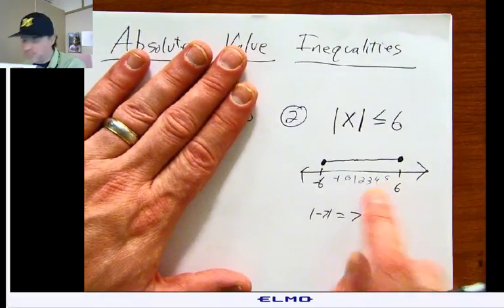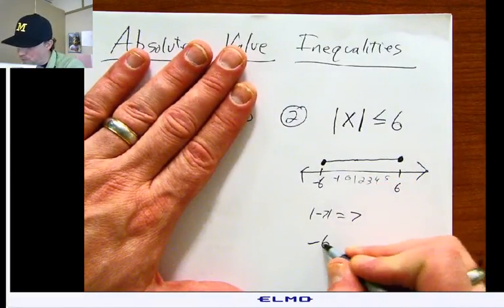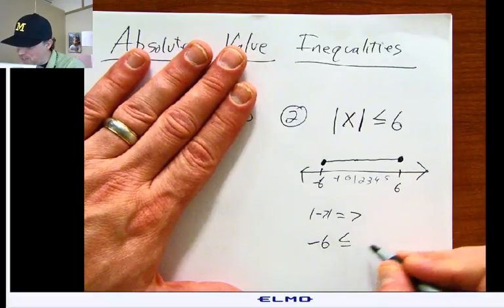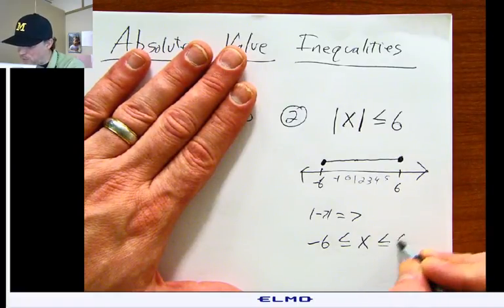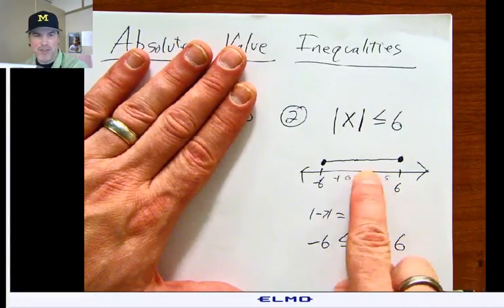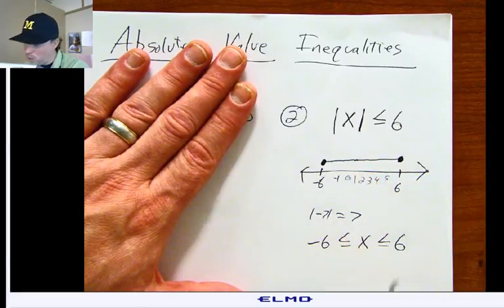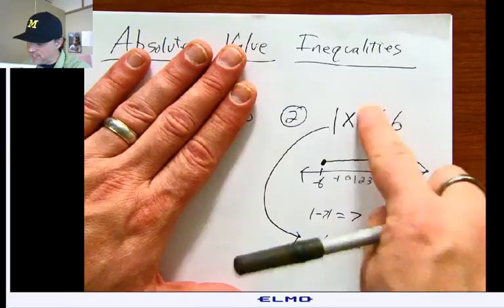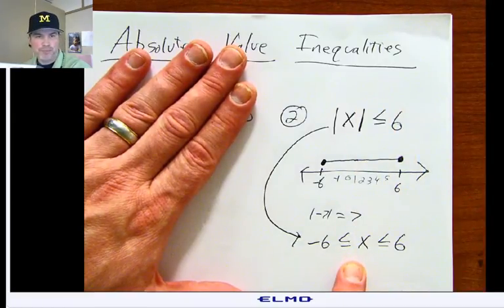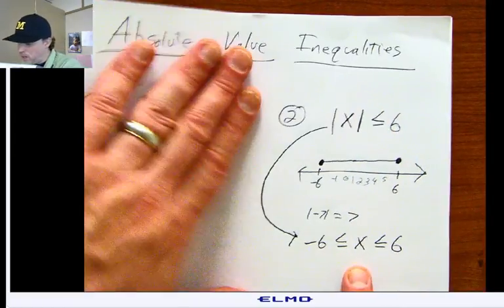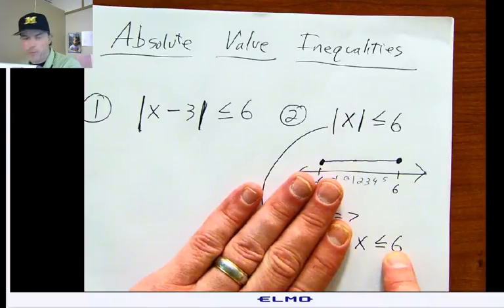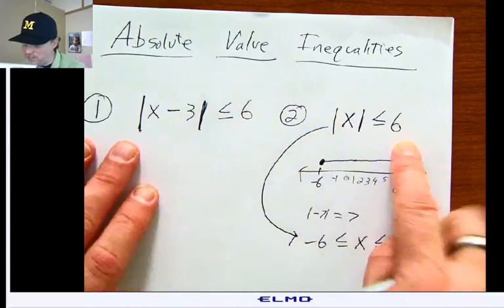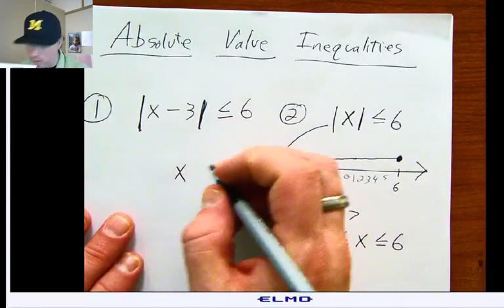When the graph looks like that, algebraically, that means negative 6 less than or equal to x less than or equal to 6. That's exactly what that statement means. So this is what you algebraically do to it. I noticed that the right side, x less than or equal to 6, is just like it reads. So that's exactly what I'm going to do over here on this problem.